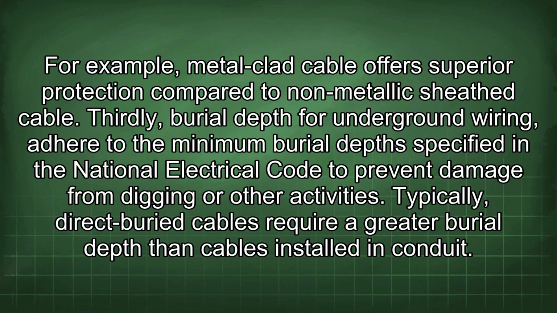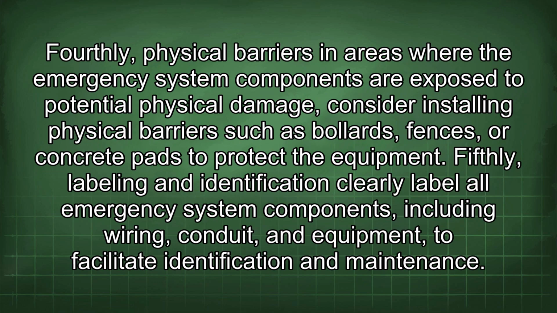Thirdly, burial depth. For underground wiring, adhere to the minimum burial depth specified in the National Electrical Code to prevent damage from digging or other activities. Typically, direct buried cables require a greater burial depth than cables installed in conduit. Fourthly, physical barriers. In areas where the emergency system components are exposed to potential physical damage, consider installing physical barriers such as bollards, fences, or concrete pads to protect the equipment.